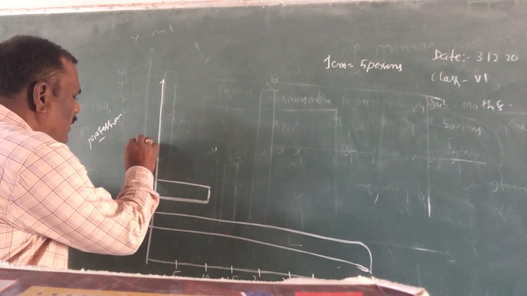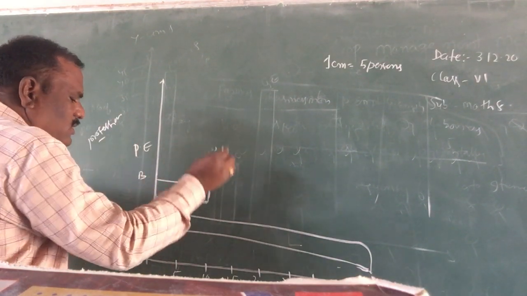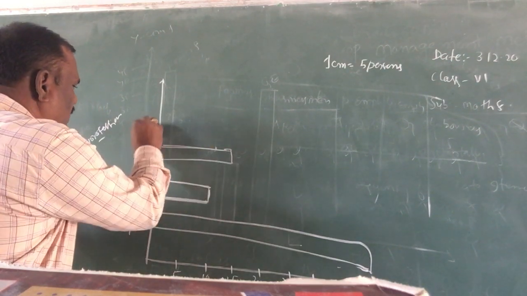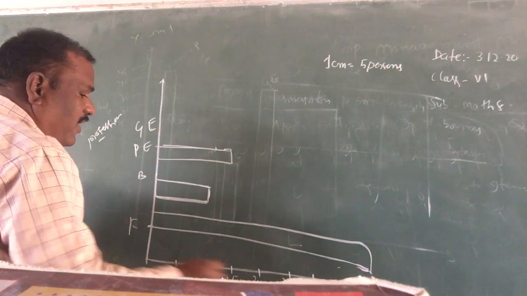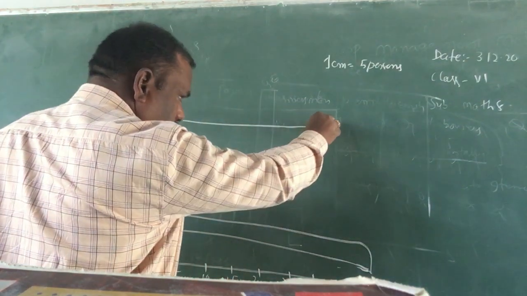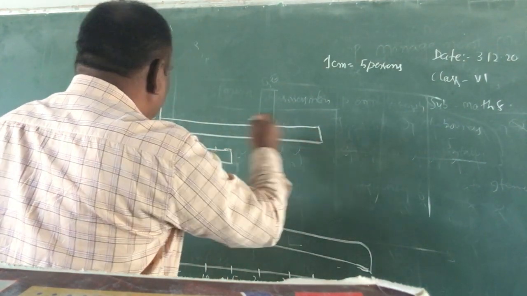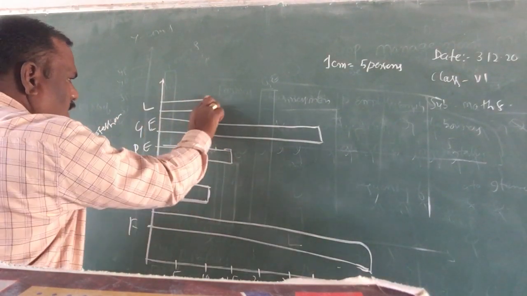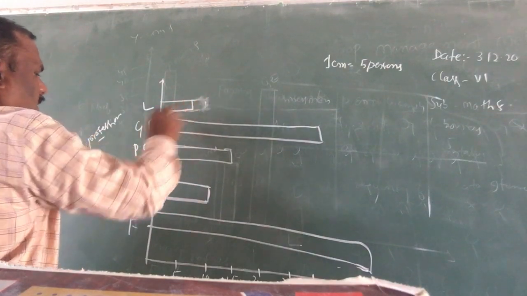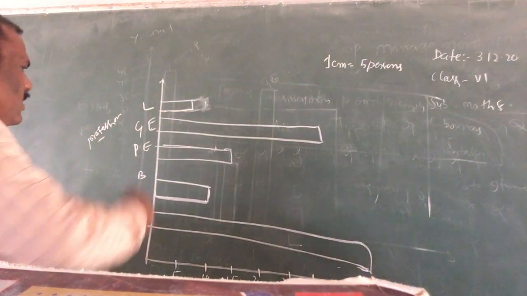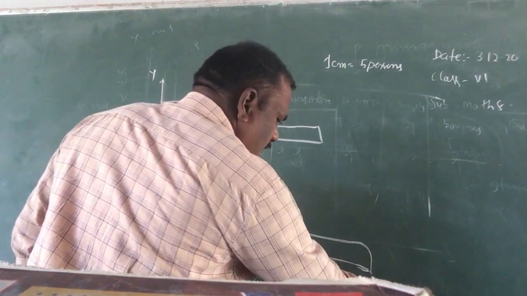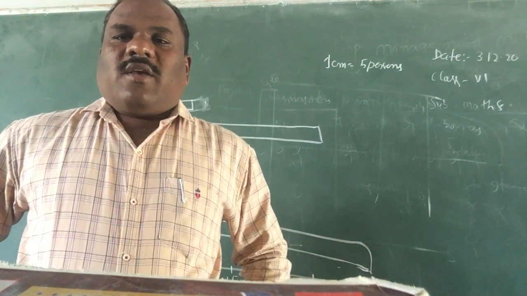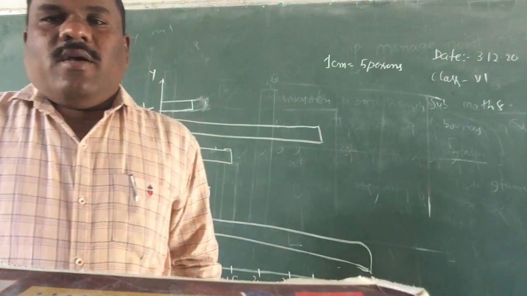And government employees, how many are there? 35 are there. And last, laborers, only 5 members are there. So this is the way of drawing the given data in the form of bar graphs, with the y-axis and x-axis.